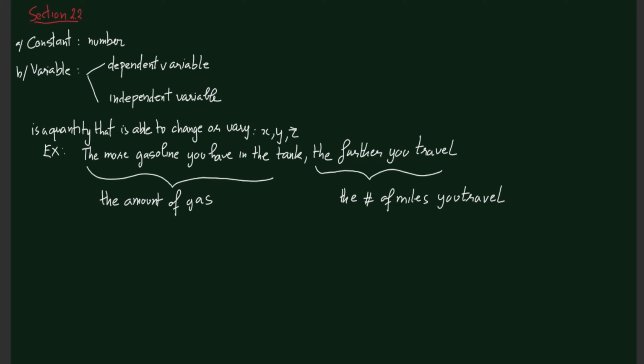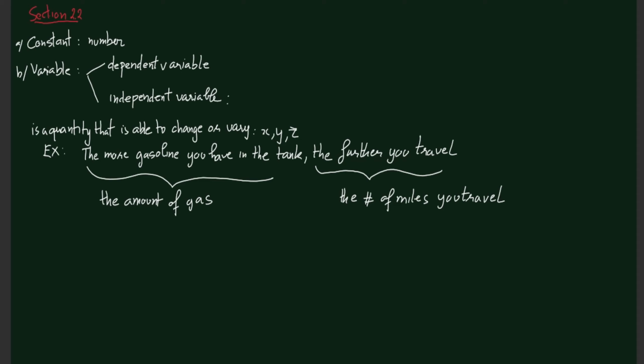And I can name these variables, and most of the time they use letter X for the independent variable, and letter Y for the dependent variable. Okay, so X is independent and Y is dependent. Most of the time they use it like that.